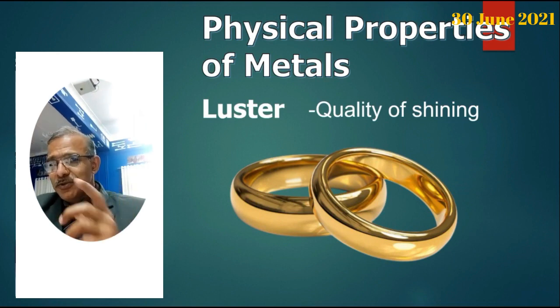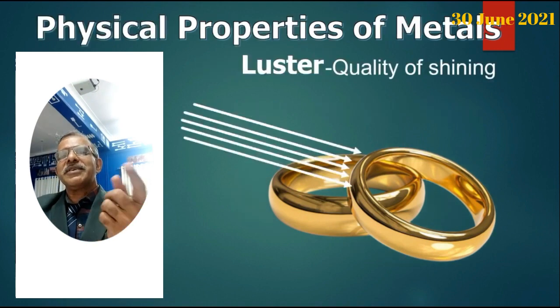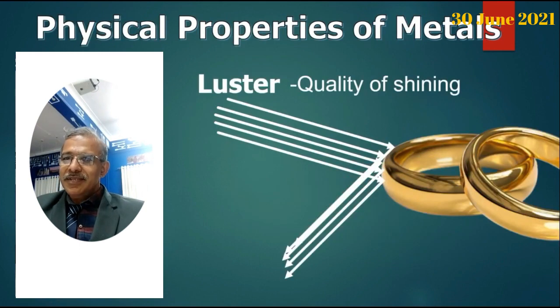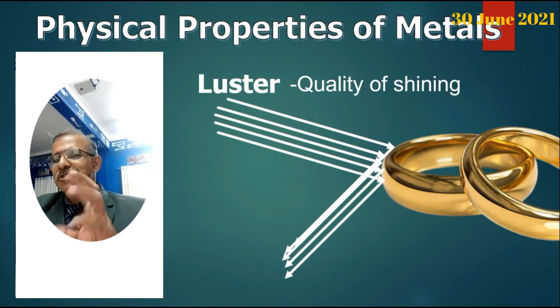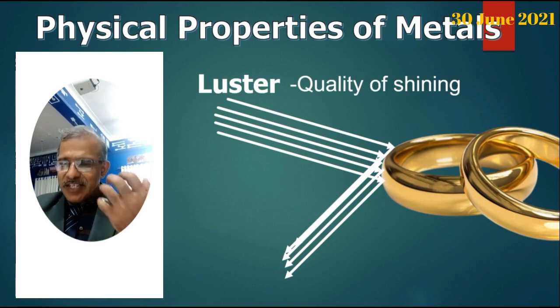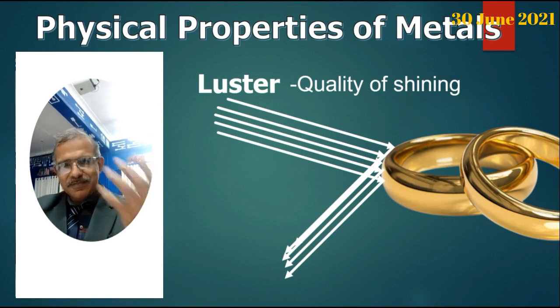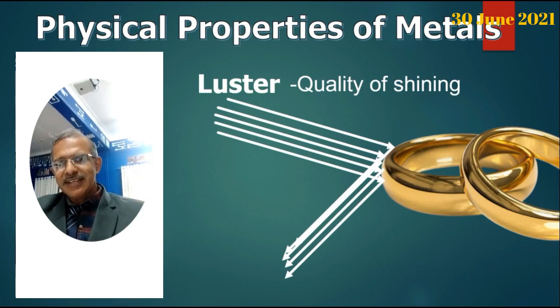You must have studied two types of reflection, diffused reflection as well as even reflection. In the case of metals, most of the reflected rays, particularly in gold and silver, and even in platinum, reflect properly, and more of the reflected light rays reach our eyes and we get a feeling of shining.